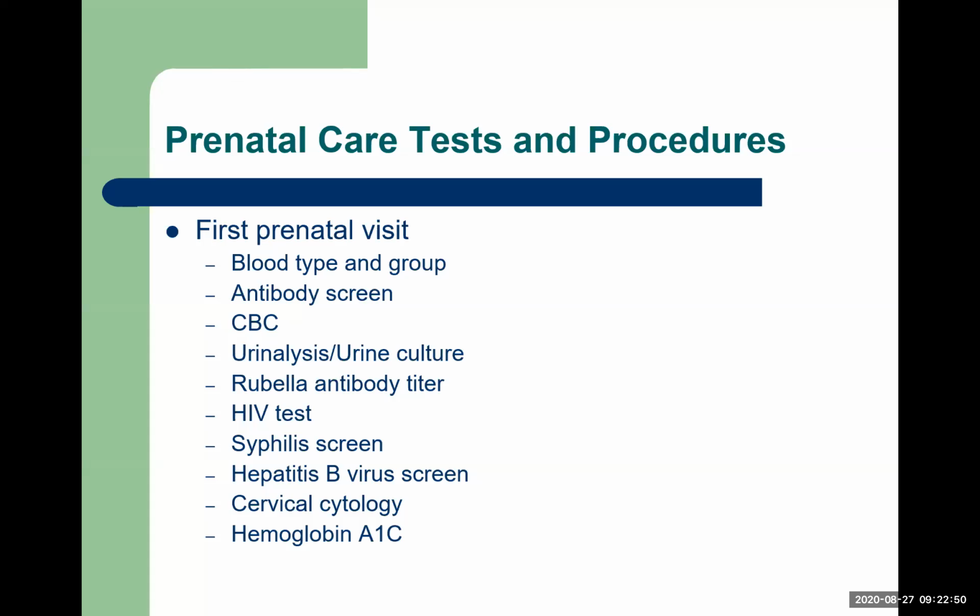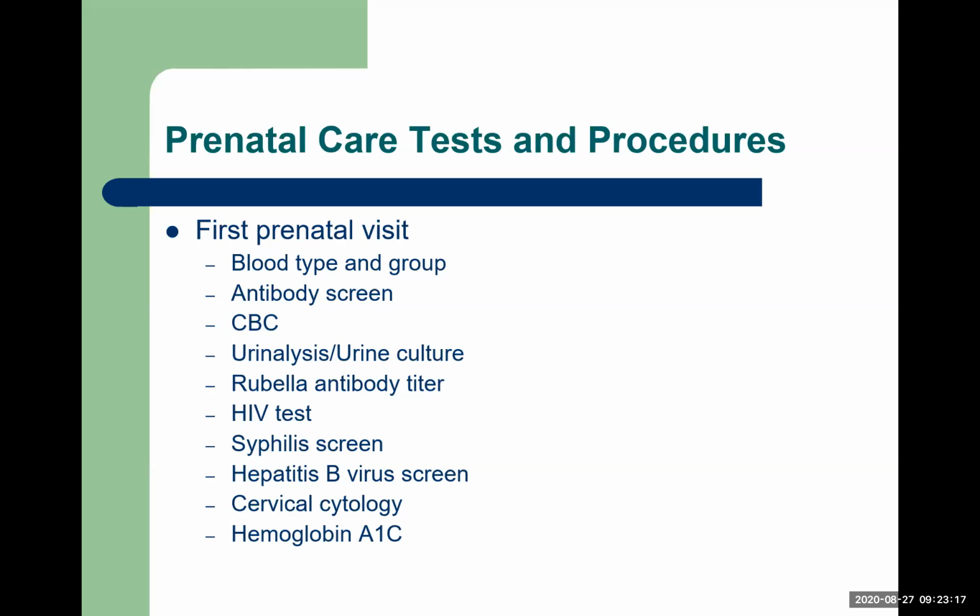As well, we get a CBC, and you can imagine how many things we can screen for with it, including the presence of anemia and platelet disorders. For example, if you obtain a low platelet count early in the pregnancy, it may point you to a workup for ITP or other platelet disorders.